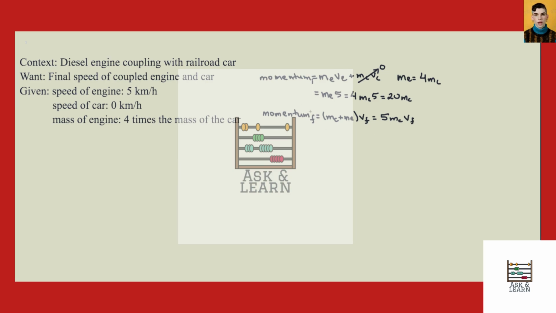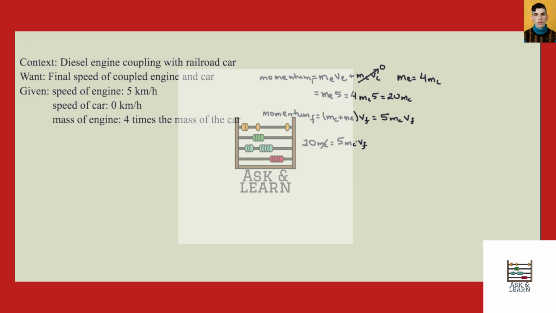So then we equate the final momentum and the initial momentum, and then we get that 20 mass of the car is going to be equal to 5 mass of the car times the final velocity.